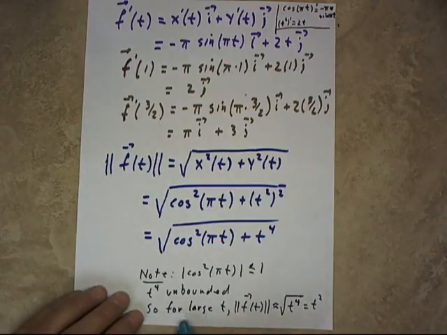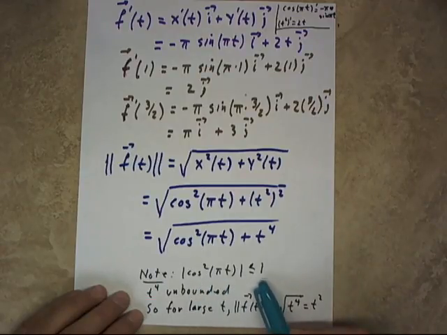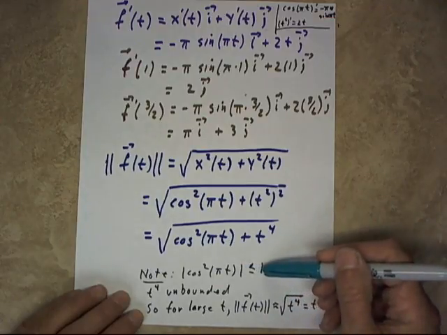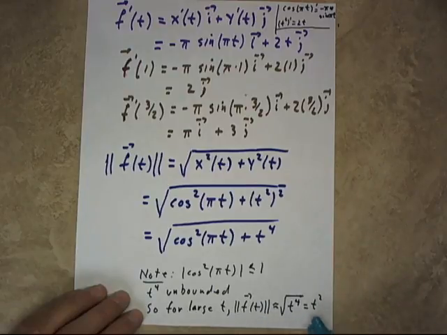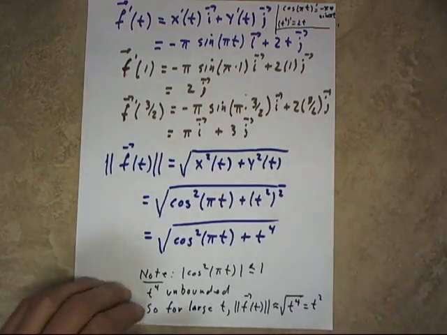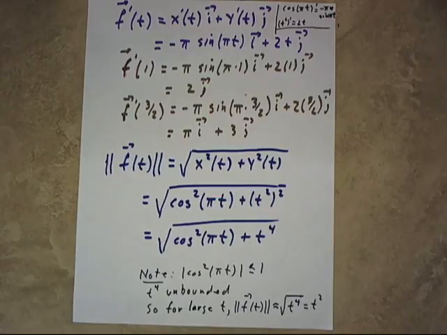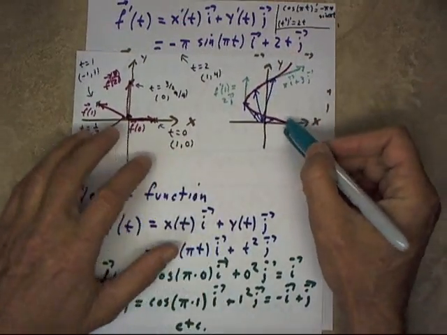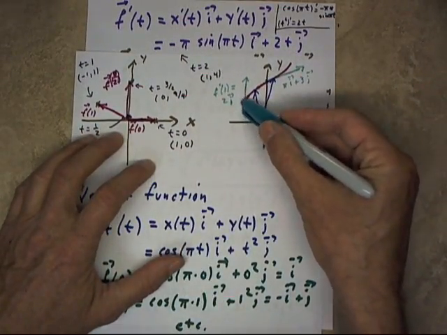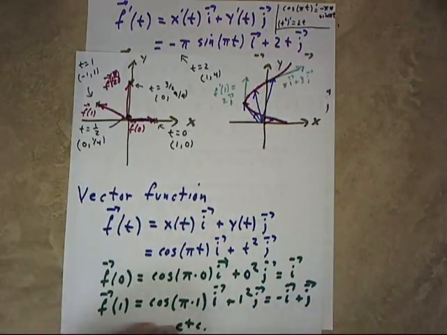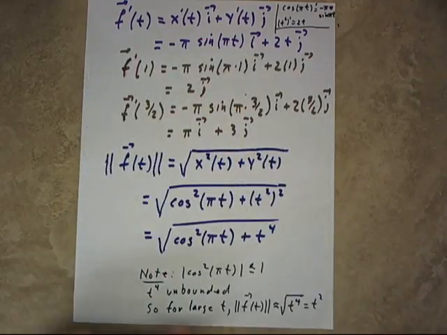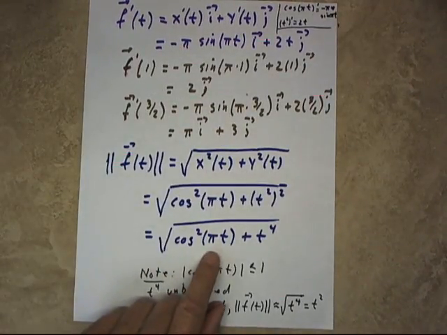One thing is that if t is very large, then since the cosine squared is never bigger than 1, the cosine doesn't really contribute very much to the magnitude, and the magnitude of the vector is going to be close to t squared. We can ask questions like, at what rate is the magnitude of this vector changing? At what rate is the length of the f of t vector changing at any instant? And we would answer that by analyzing this function.